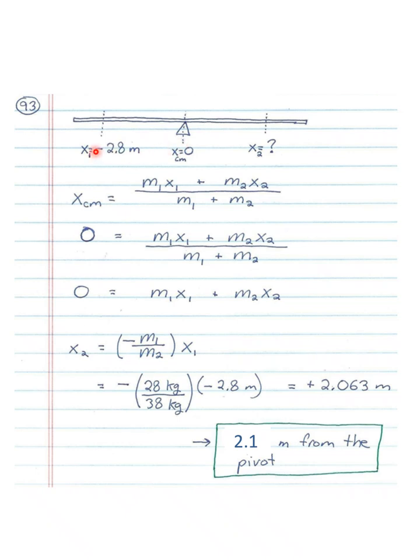Mathematically, that will make the position of the other child positive, and that comes out to be 2.063 meters. Using proper significant figures, we only get 2 significant figures here, so we should say 2.1 meters from the pivot.